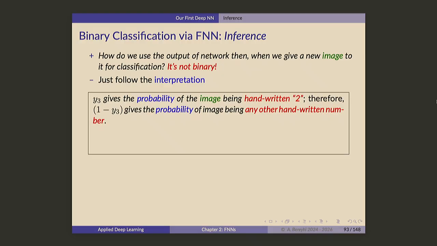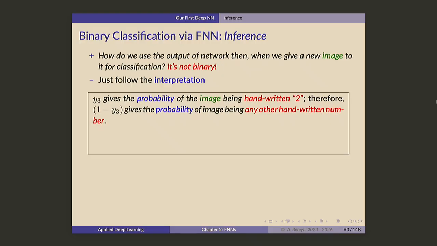Half, right? You're going to say if y3 is more than half, I'm taking it as 1. If y3 is smaller than half, I'm taking it as 0. So basically, I look at the output: the chance of being 2 is 0.7, the chance of being 0 is 0.3.